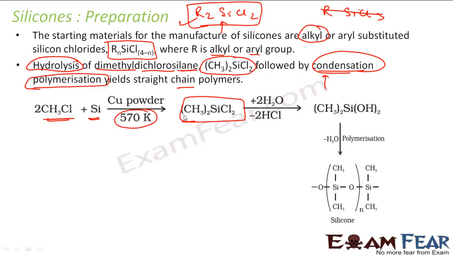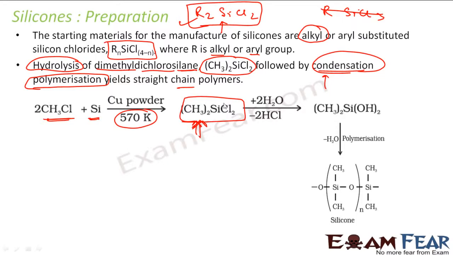So the first thing was we have to get this alkyl or aryl substituted silicon chloride. How did I get it? I took CH3Cl and added silicon, with copper powder as the catalyst at 570 Kelvin, and I got this dimethyldichlorosilane.